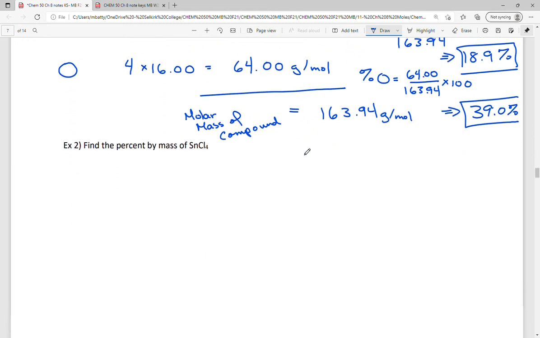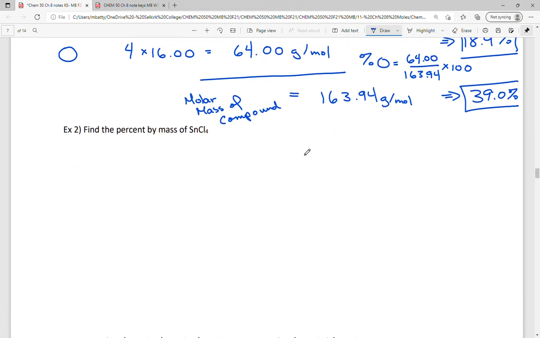So this one says the percent by mass of tin(IV) chloride. In this one, I like doing it like this. So tin and chlorine, and I know that I have 1 part tin, and tin has a molar mass of 118.7.